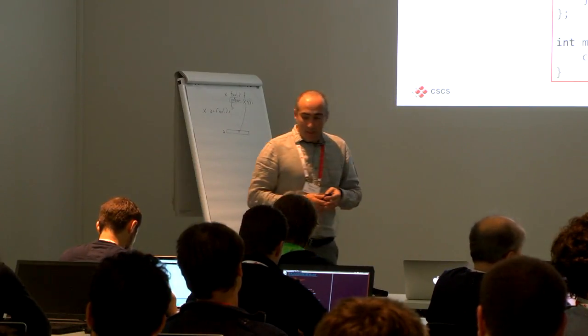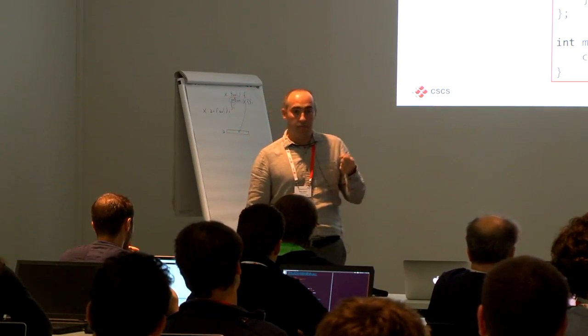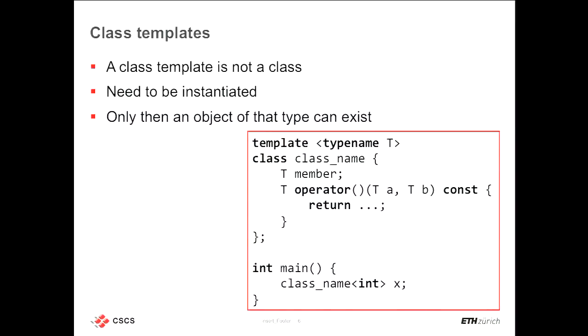So class templates, as with function templates, a template is not a class. It's a template. The template needs to be instantiated, and you need to pass all the possible information for doing so. The problem is that there's no deduction happening here. You have to be explicit. So typename T has to be specified.